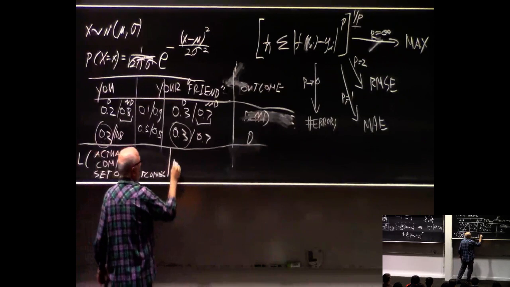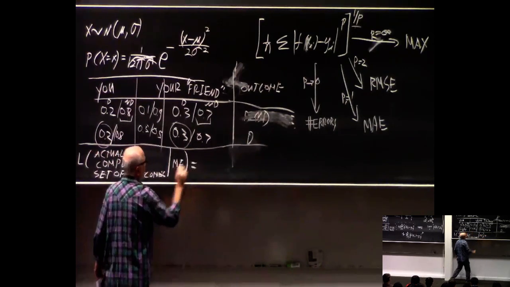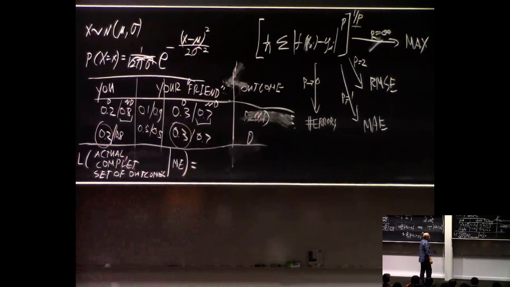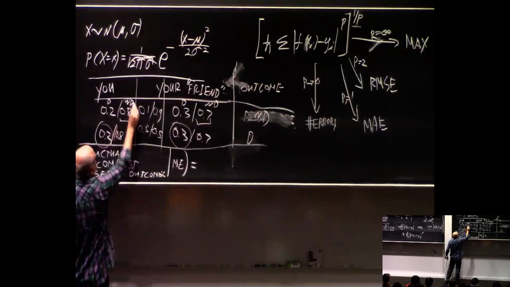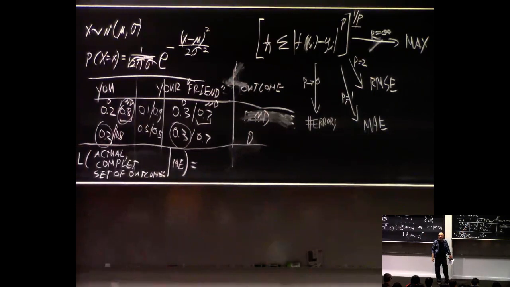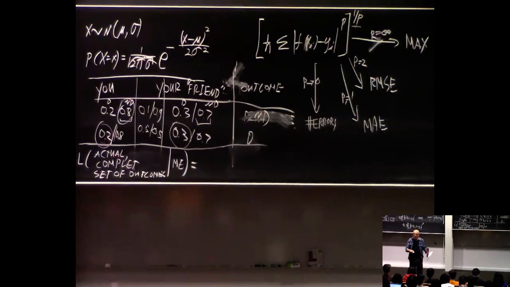According to me, this happened, and I said there was an 80% chance it will happen, and then this happened, and I said there was a 20% chance it would happen. Assuming that they're independent. That's a big assumption, often holds in our examples, but we have to remember that's an assumption.